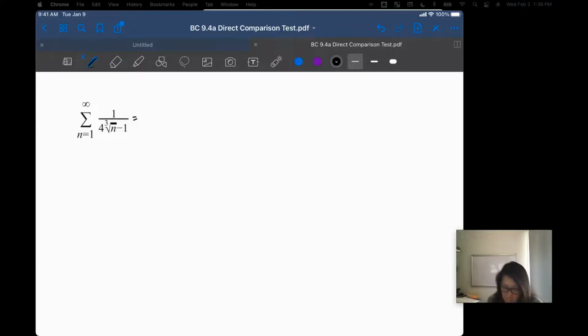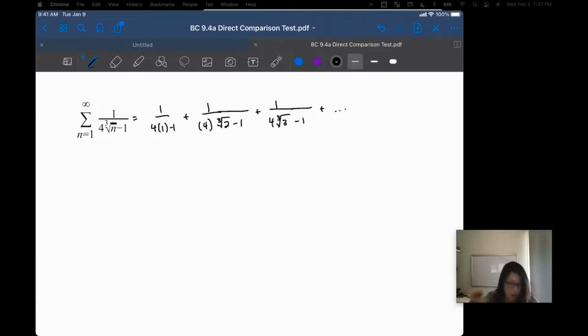See what happens, okay? So I'm going to plug in 1 for n, and I get 1 over 4 times 1 minus 1 plus 1 over 4 times the cube root of 2 minus 1 plus 1 over 4 times the cube root of 3 minus 1 plus, and this goes on for a while, okay?